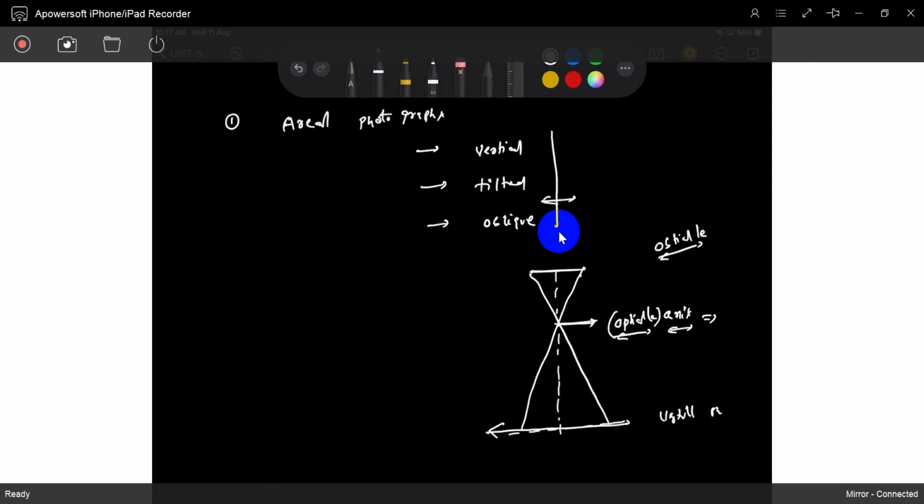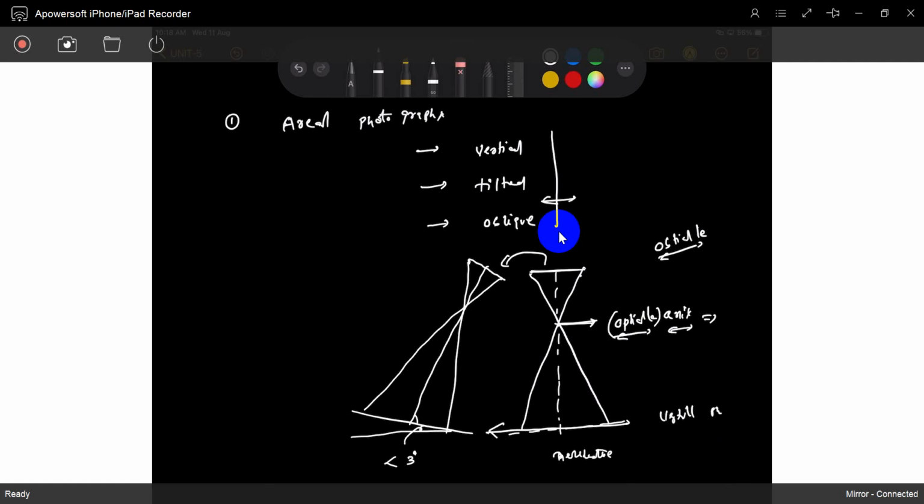Otherwise, if there is a small tilt, maybe 2 or 3 degrees, less than 3 degrees, if the camera is tilted very little. So why less than 3? Maybe it's unwanted or uninteresting, it's theoretical. Everything has some error.